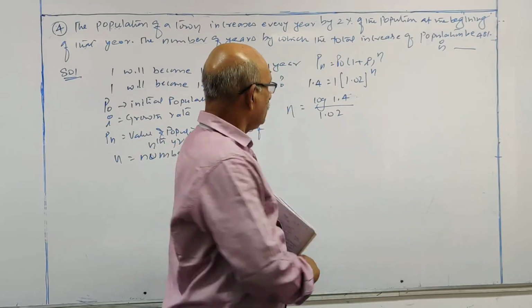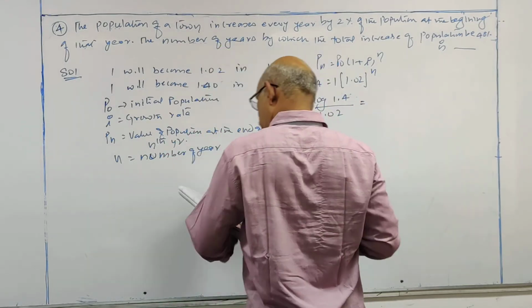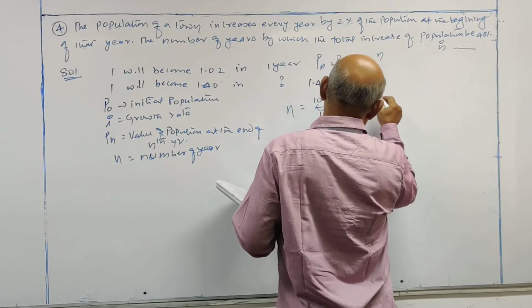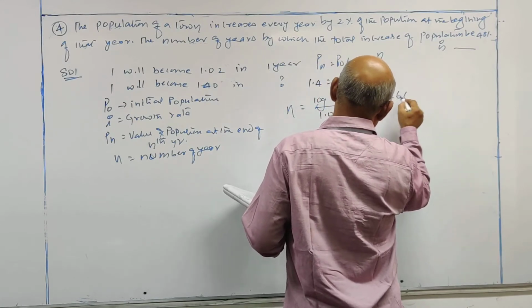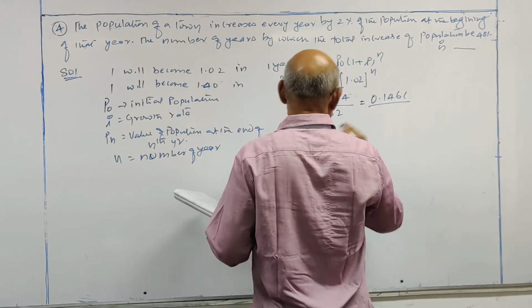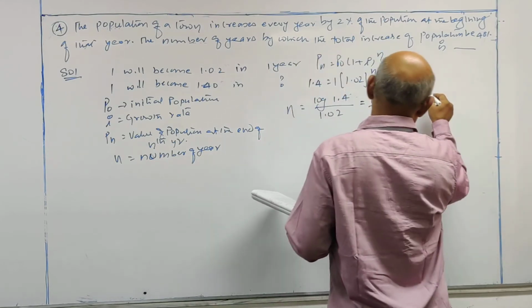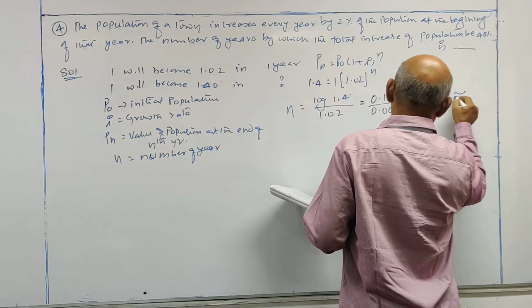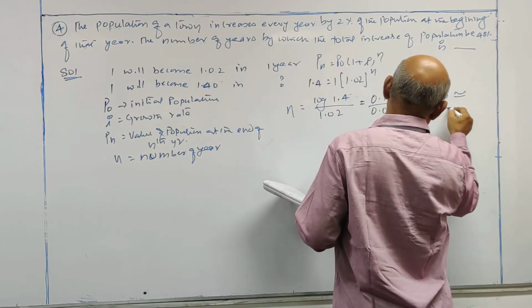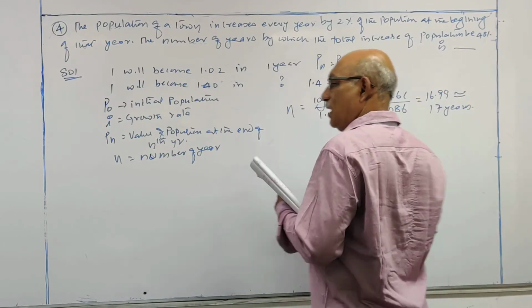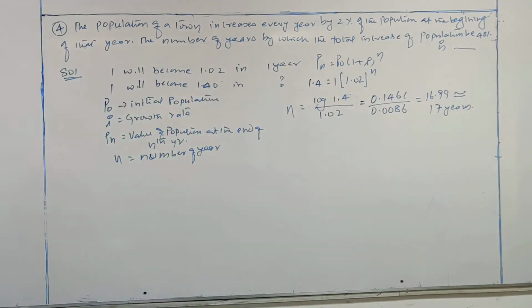Watch that one. This is 0.1461 divided by 0.0086, which is equal to 16.99, approximated to 17 years.